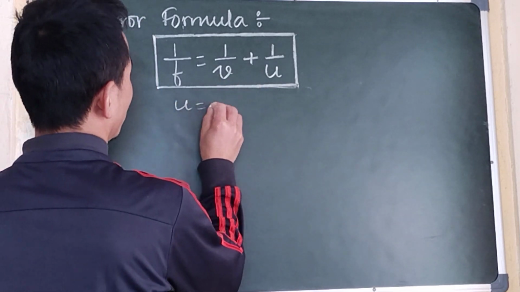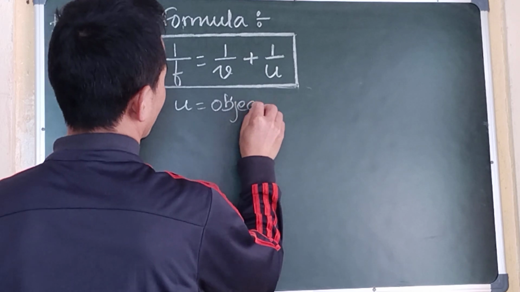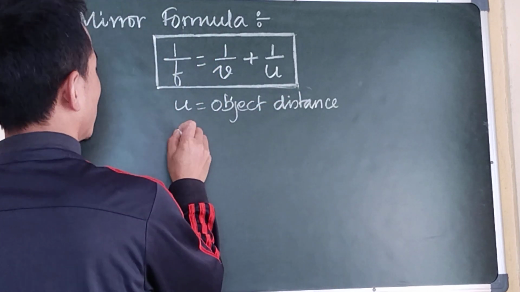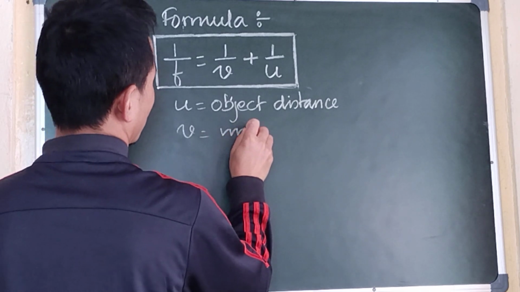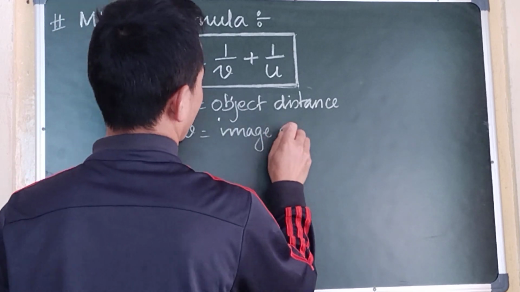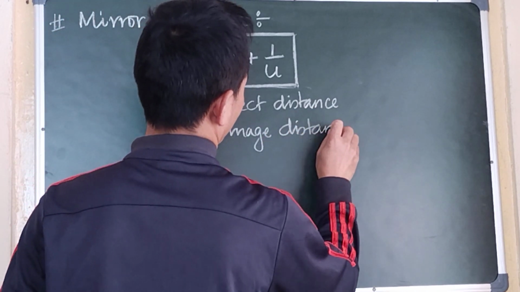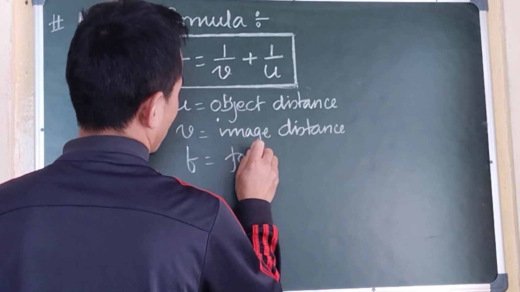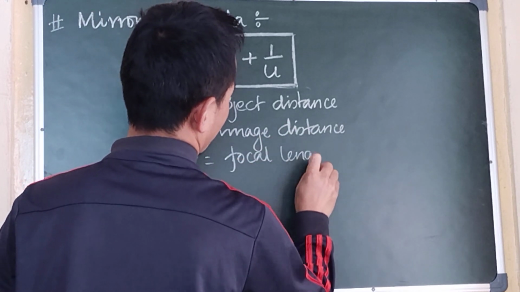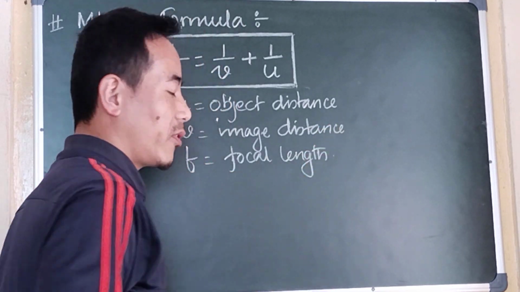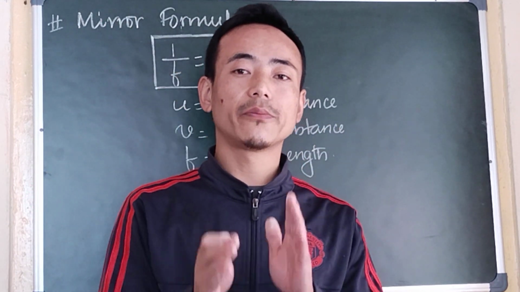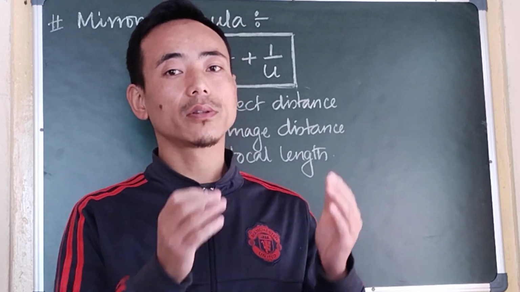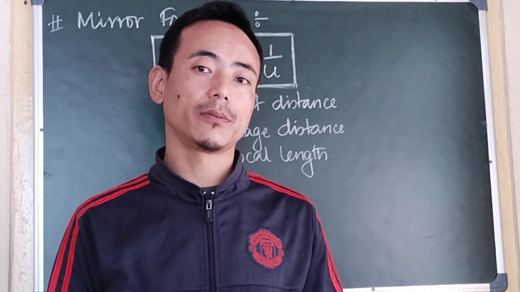So u here stands for your object distance, v stands for your image distance, and f stands for your focal length. Now I have already discussed all these terms in my previous videos, so you can go and check those videos so that you can have an idea about it.